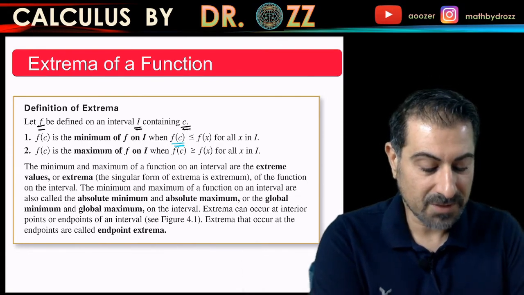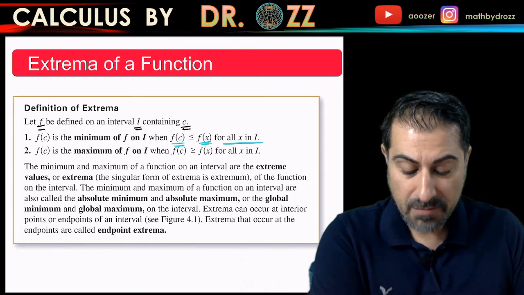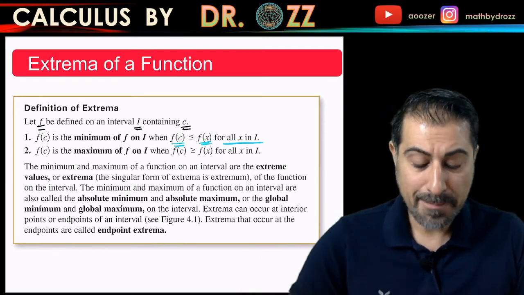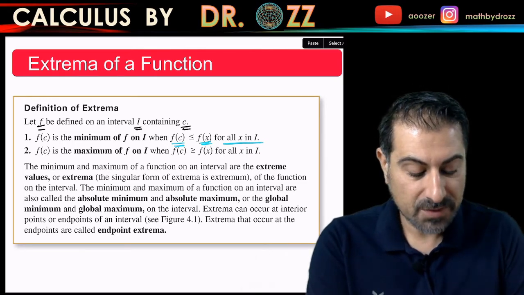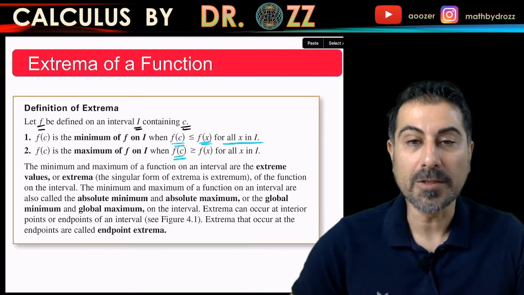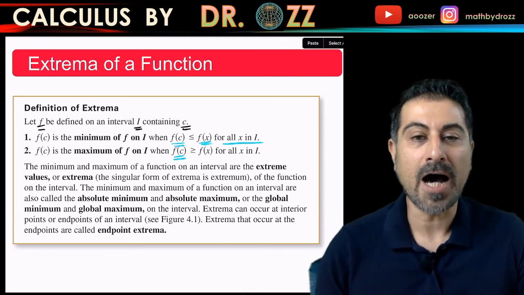In other words, f of c is less than or equal to f of x for all x in the interval. And we call f of c the maximum of f on I if f of c is greater than or equal to any other function value on the interval I.